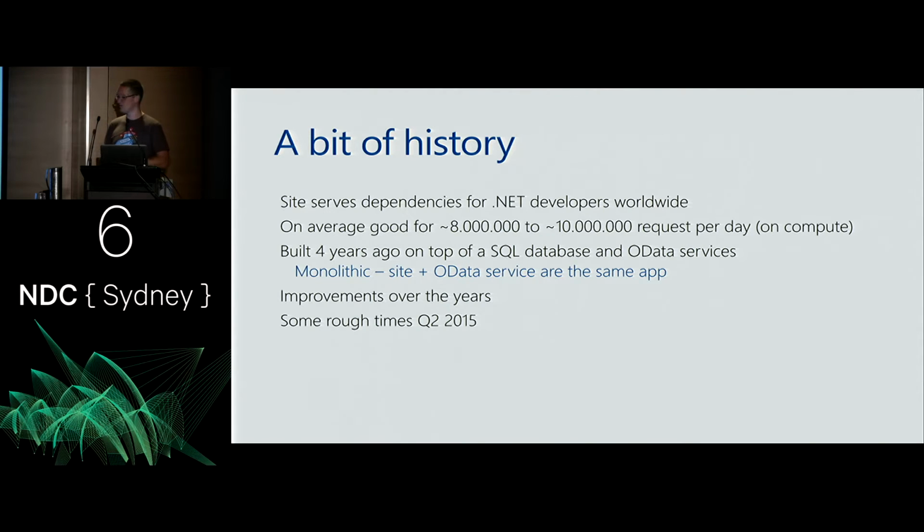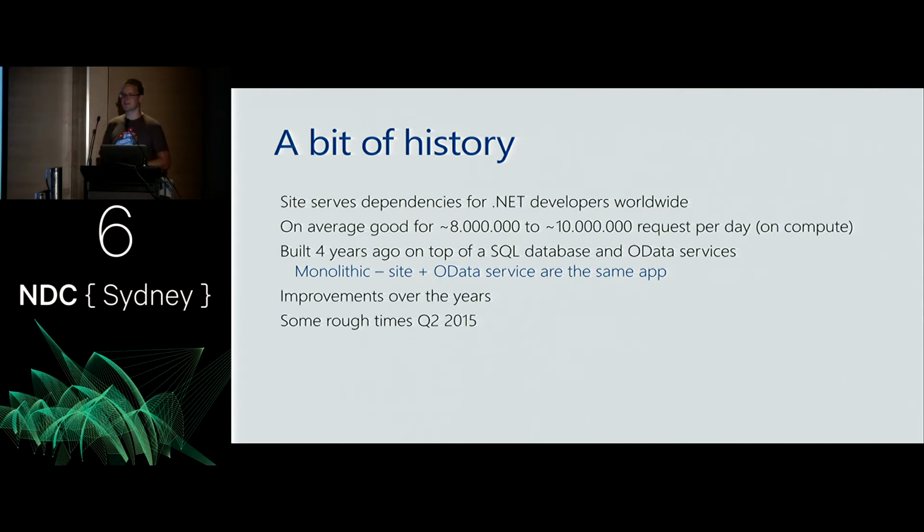Nougat was built 4 to 5 years ago, and at that time it was really hip to expose your data as an OData service. And OData is basically an HTTP protocol that allows you to expose a queryable interface over HTTP. And as Microsoft released OData, they started to do a lot of samples, and all those samples were basically just exposing the raw SQL database over HTTP.